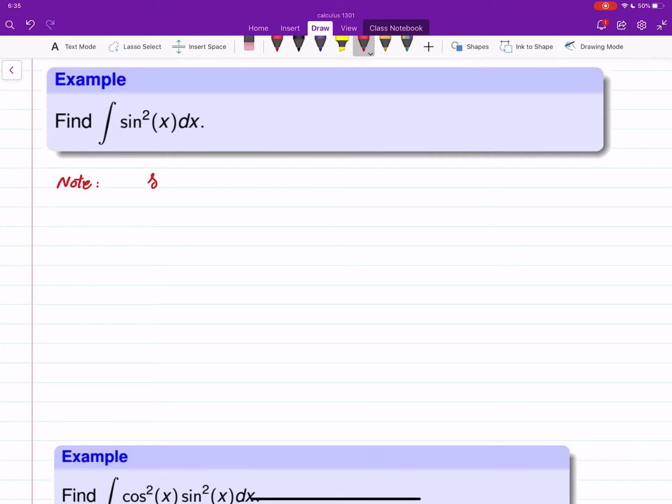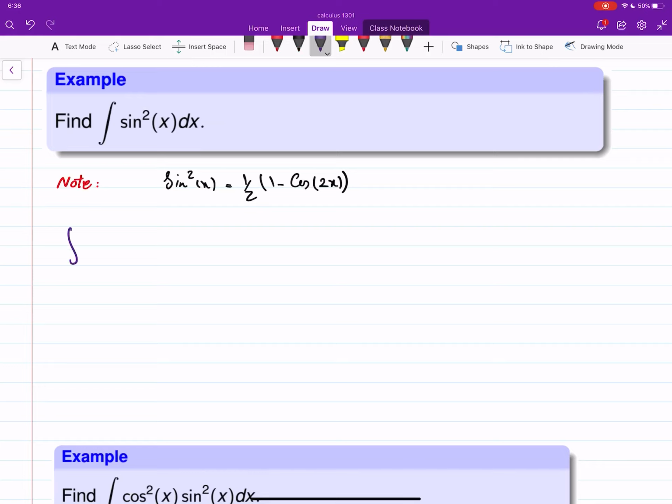We have sine squared x is equal to half of 1 minus cosine 2x. This is sometimes called the half angle formula, and it can be obtained from the double angle formula for cosine 2x. Okay, so how does that help us?